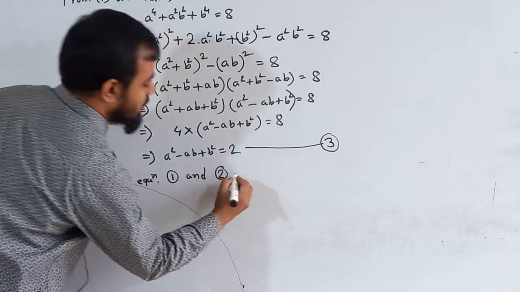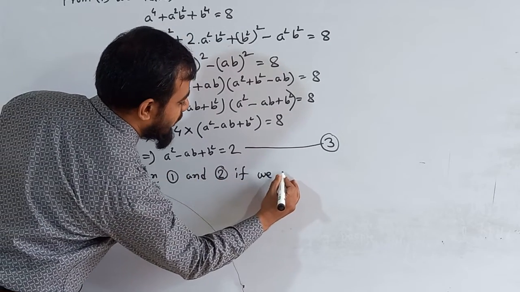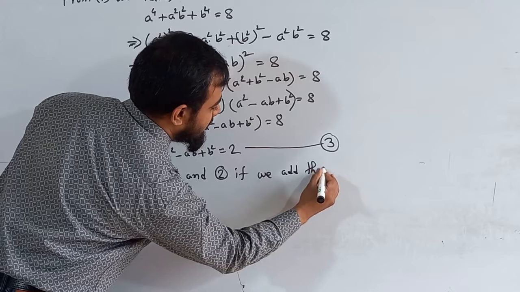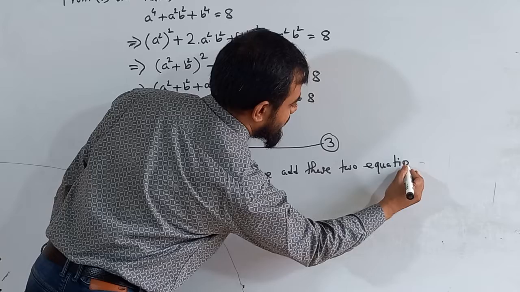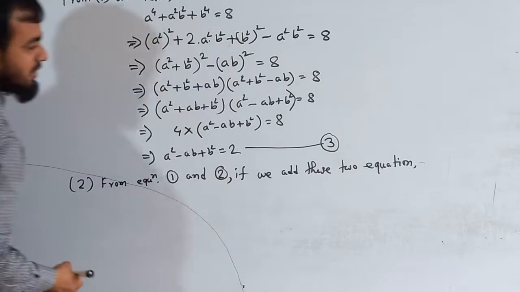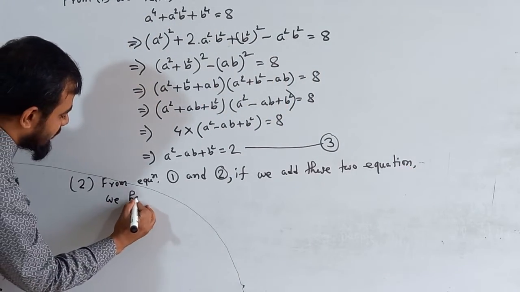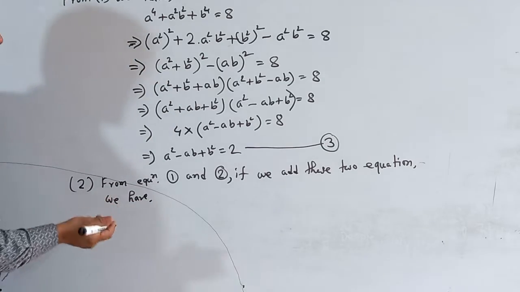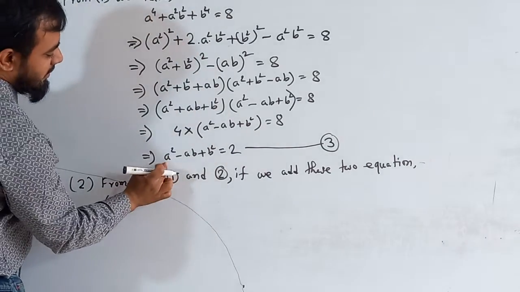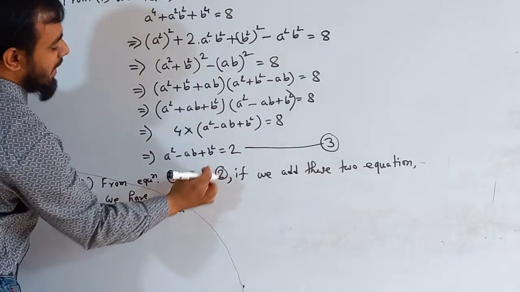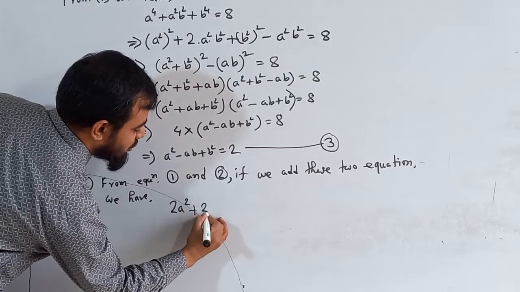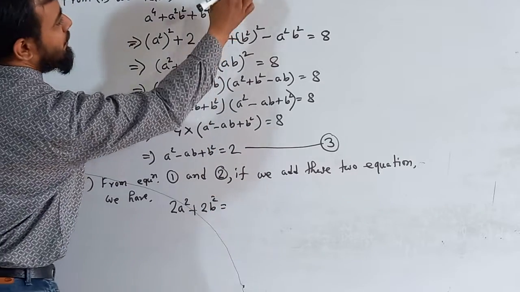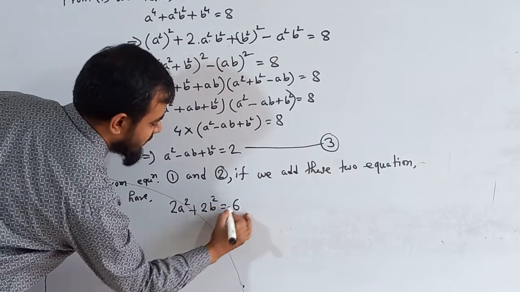From equation 1 and 2, if we add these two equations, what do we have? We have a squared and a squared, it will be 2a squared. Plus ab minus ab will vanish. b squared will be plus 2b squared. That's equal to, on the right side, 4 plus 2 equal to 6.